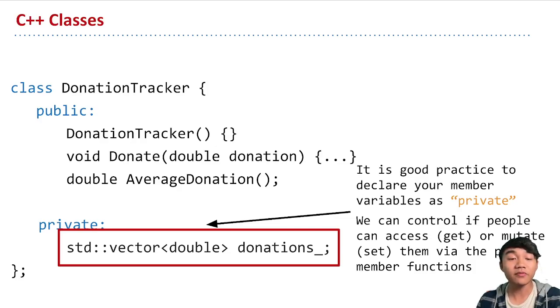In this case, since we've created a class to represent a donation tracker, we just want to store all the donations and record them in this tracker. We don't necessarily want to allow people to make unwanted changes to our list of donations, so we keep the donations vector private to prevent anyone from, say, deleting a donation that we want to keep track of.